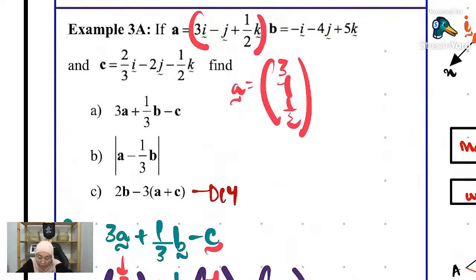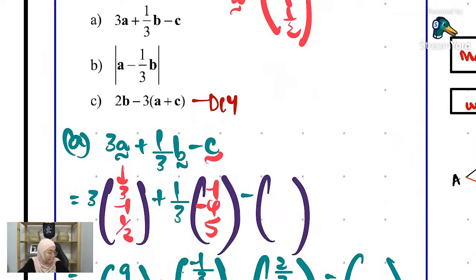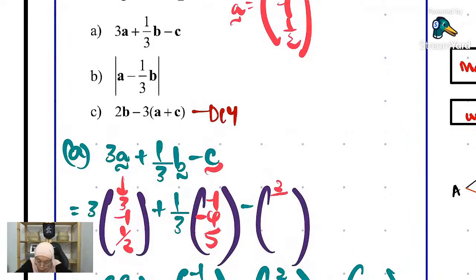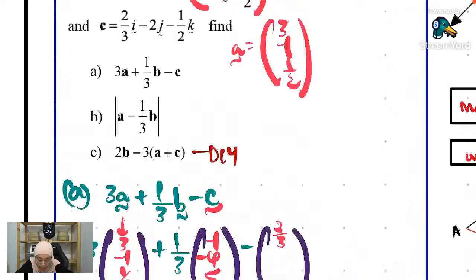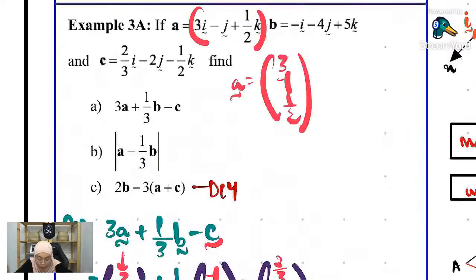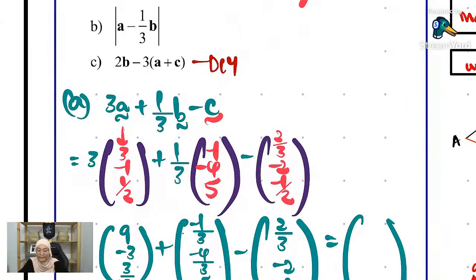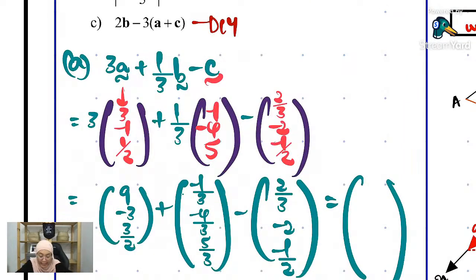No, sorry, negative 4 and then 5. Yep. And then my C vector is just 2 over 3, negative 2, and then negative half. So be careful with the plus or minus sign here, right?